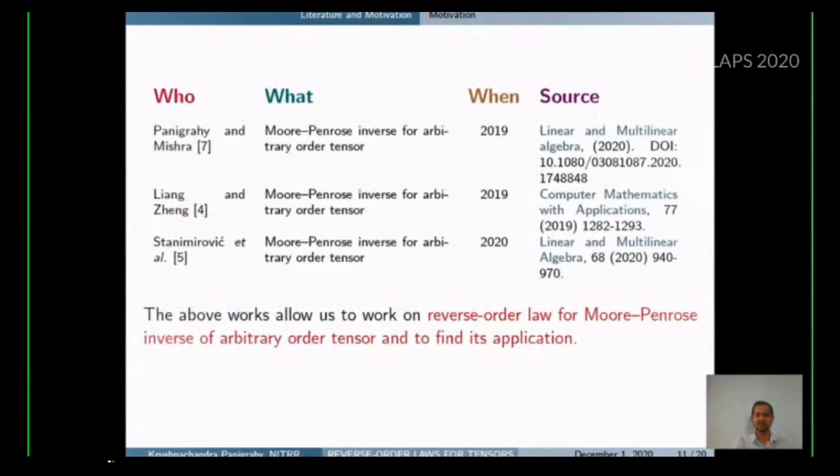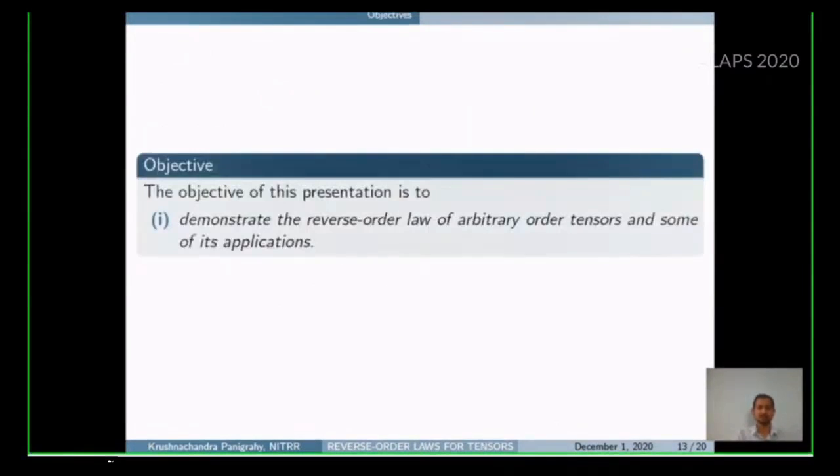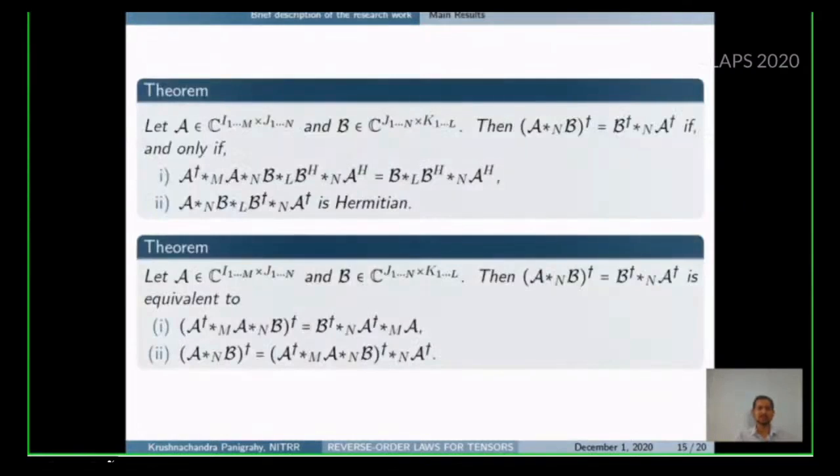So in these three papers, we found the definition for the Moore-Penrose inverse of arbitrary order tensors. From these literatures, we are interested in working on reverse order laws for the Moore-Penrose inverse of arbitrary tensors and what are its applications. This is our objective: to demonstrate reverse order laws for arbitrary tensors and find what are its applications.